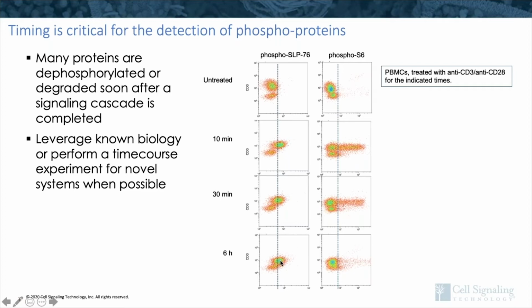And there's still a good degree of phosphorylation even after 6 hours. On the other hand, phospho-S6 is a bit more short-lived. It still comes up really quickly within 10 minutes of treatment, but we can see that after 30 minutes, and especially after 6 hours, that phosphorylation event is essentially lost in most of your cells. So it's been turned off or dephosphorylated by this point.